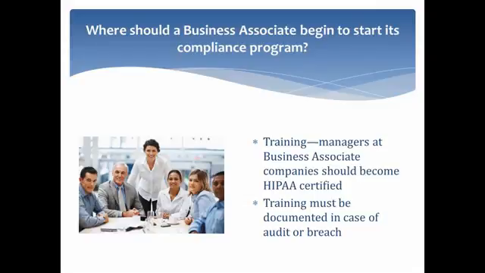Where should a business associate begin to start its compliance program? I think the most basic thing, where any sort of program or process begins, is with training. When you look at an organization, and it doesn't matter whether you're a covered entity or a business associate, there are people at the management level that deal with strategic decisions, and as you work your way down the organizational chart, you have people at lower levels that deal with tactical decisions.